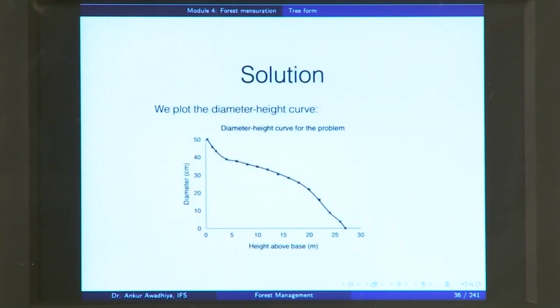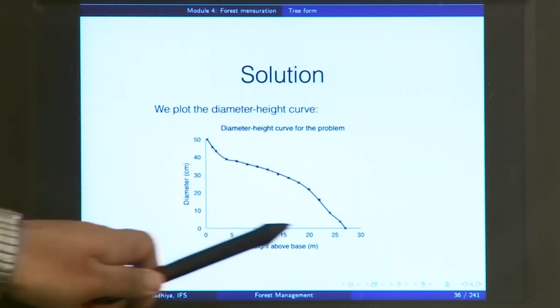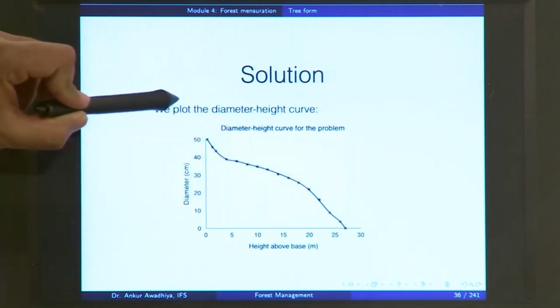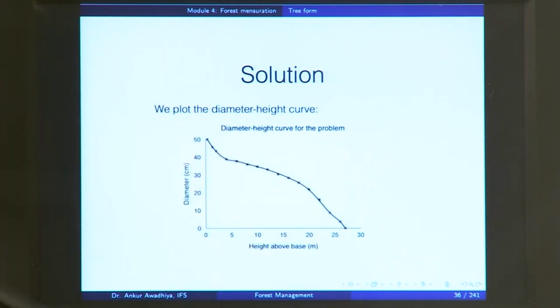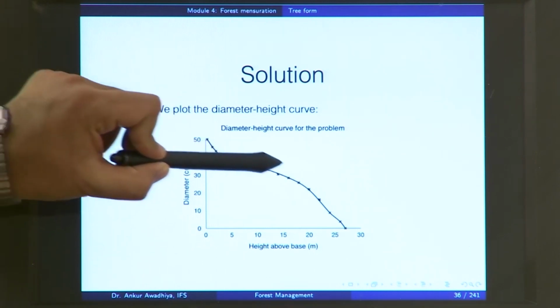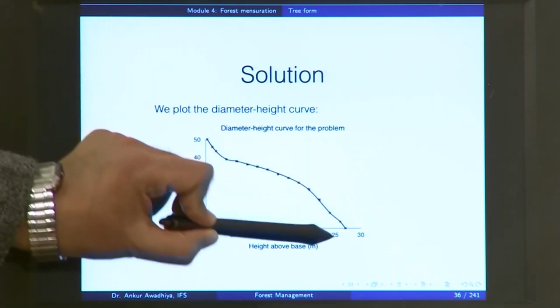So, we can begin by plotting the diameter height curve of this tree. On the y axis you will have the diameter, on the x axis you have the height. In this case if you plot these points you get a curve like this. Now, remember the top portion looks like a cone, and this portion will look something like a paraboloid.